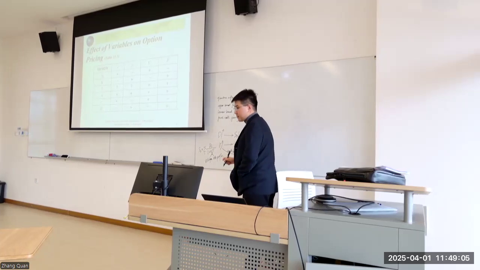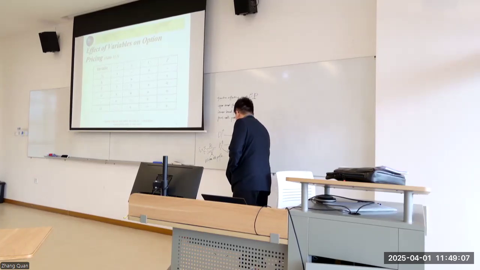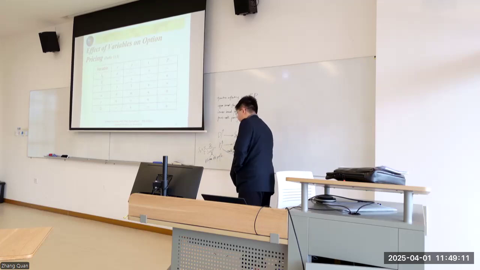Okay, for the call option, assuming the call option's K is 100, that means at a certain time point, if you need to exercise this call option, you need to pay this strike price.